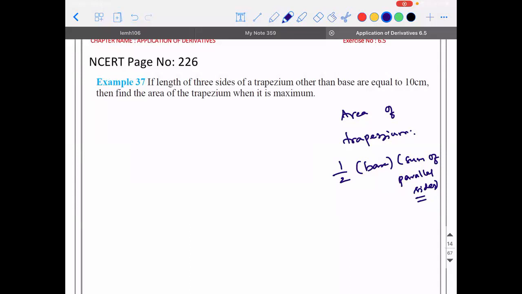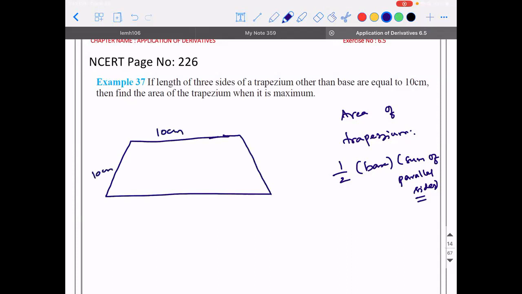The length of the three sides of a trapezium other than the base are equal to 10 centimeter. Find the area of the trapezium when it is maximum. 10 centimeter, 10 centimeter, and 10 centimeter.